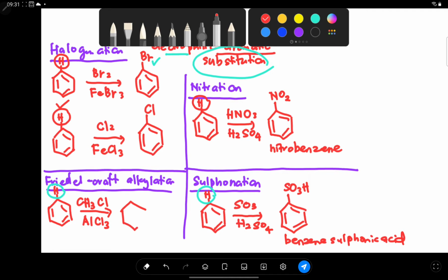So this hydrogen is substituted with CH3, and the byproduct is HCl plus AlCl3.